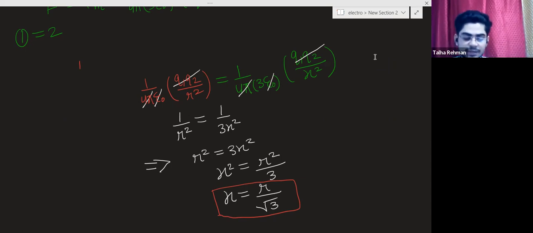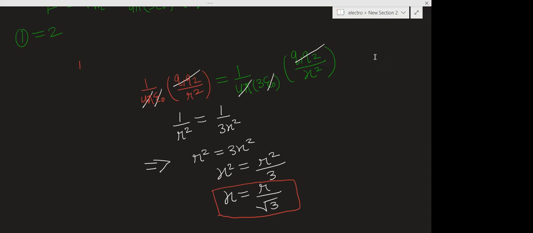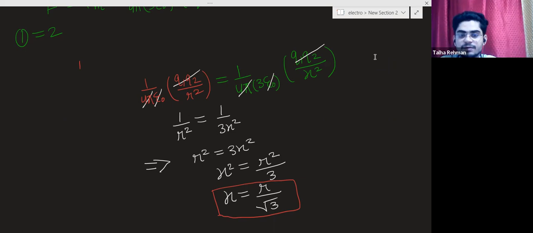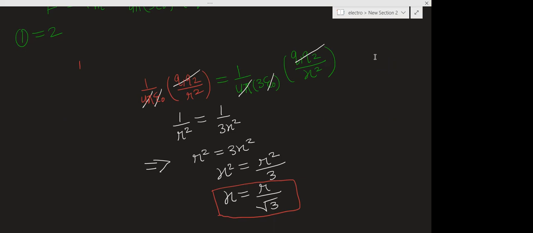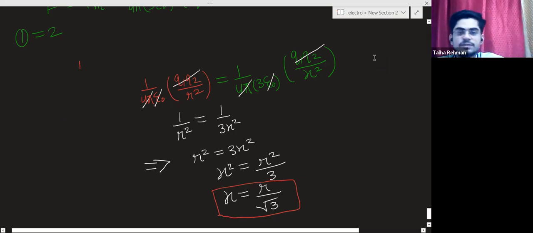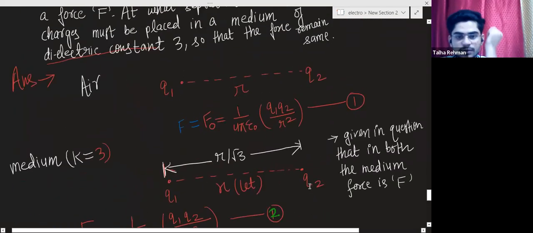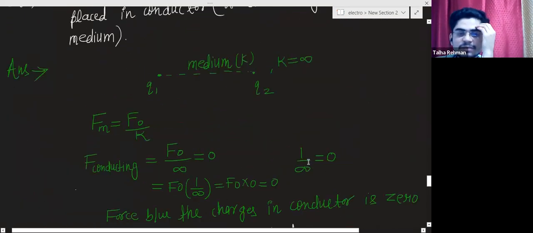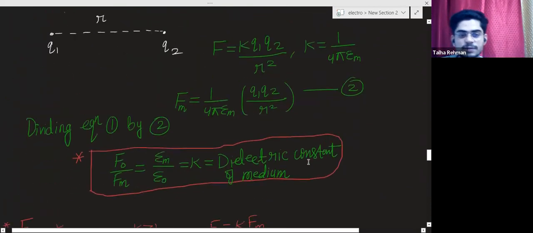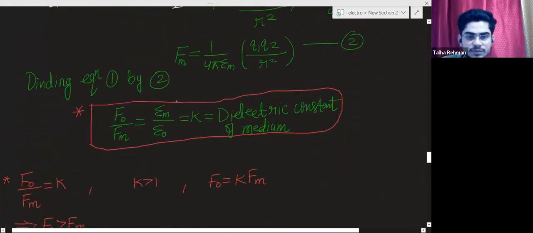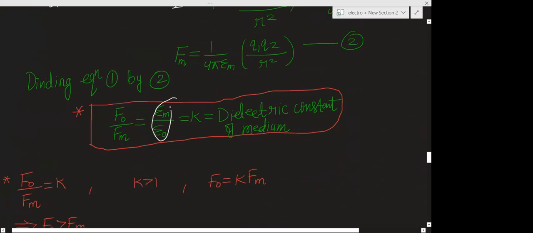You should try to solve this question when you are free, after this class, at least to see how these things happen. Noted? Yes, sir. There is a twist here. This was the twist. We should know this.